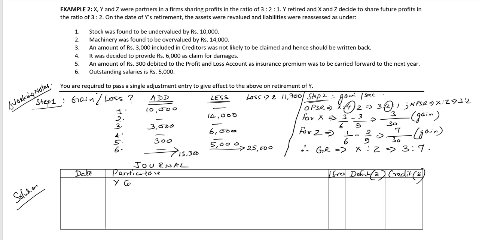The retiring partner is Y capital account, debit, to X capital account, to Z capital account. Against partner Y, 11,700 multiplied by Y's share, which is 2 divided by 6, is 3,900 rupees.